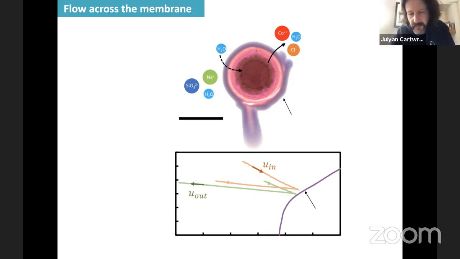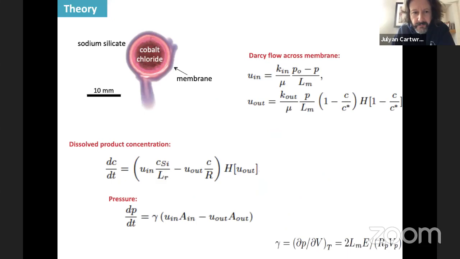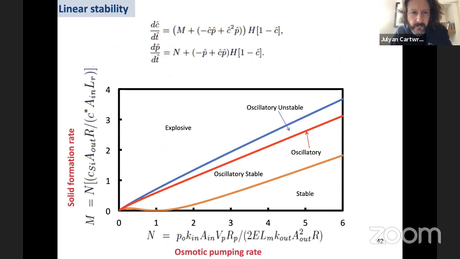So we have to write down a system of equations to describe this. We can write down equations for the Darcy flow across the membrane, for the concentration of dissolved product, and for the pressure, etc.